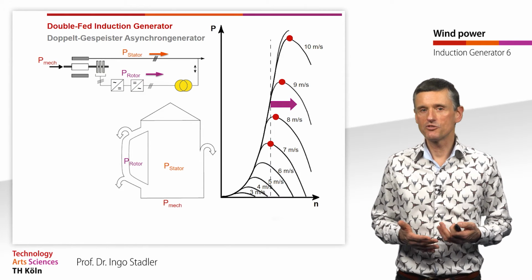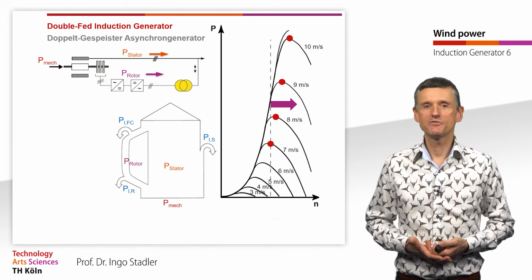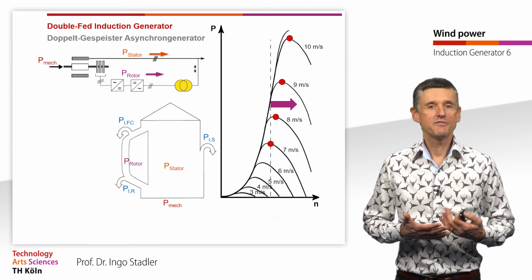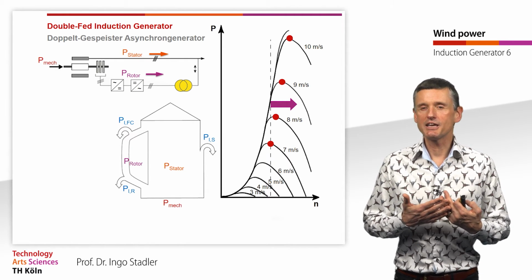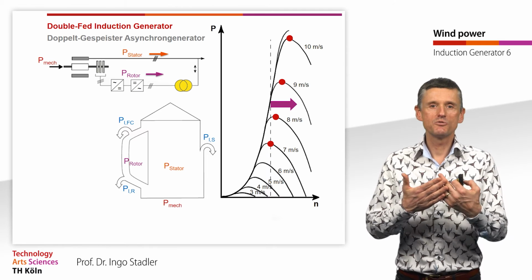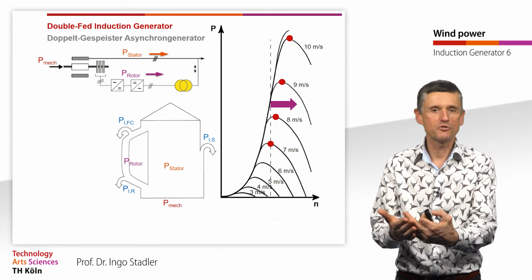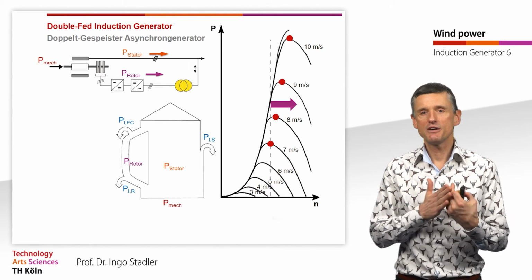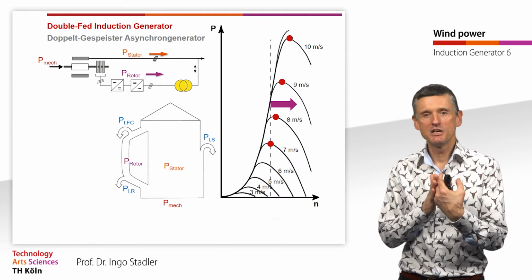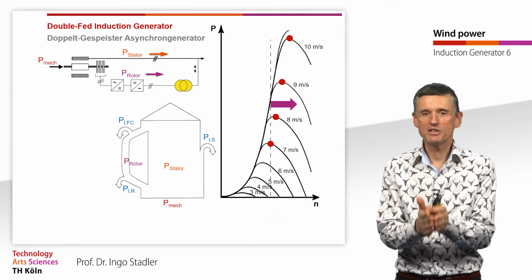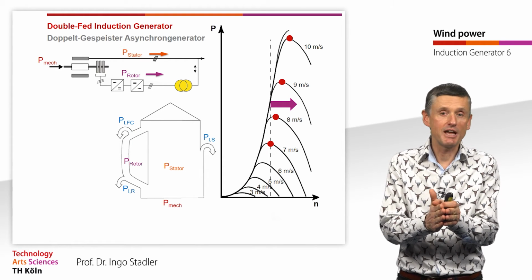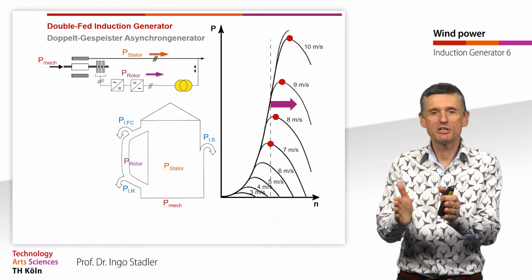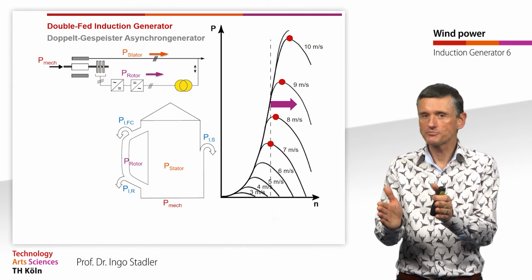And apart from a few additional losses in the frequency converter, we have in total a higher power we are able to transmit to the grid when we have higher wind speeds than the one with the fixed mechanical speed, when we allow higher rotational speeds of the rotor.